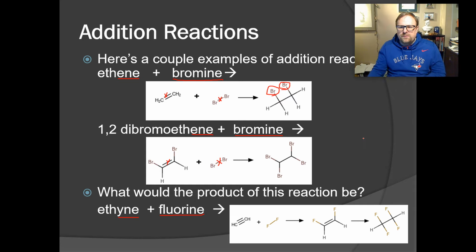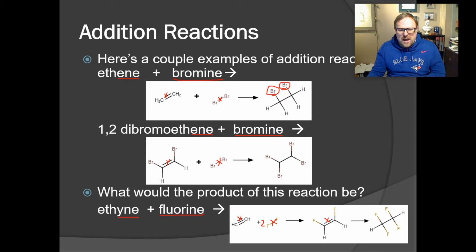Now, I'm going to move myself up over here, and we'll have a look at this last one. And this one I've broken up into 2 steps. So first things first, we're reacting ethine with fluorine. So we're going to break that triple bond now down to a double bond. And technically there would be 2 of these. Okay, we'll break that, and we create a 1,2-difluoroethene.